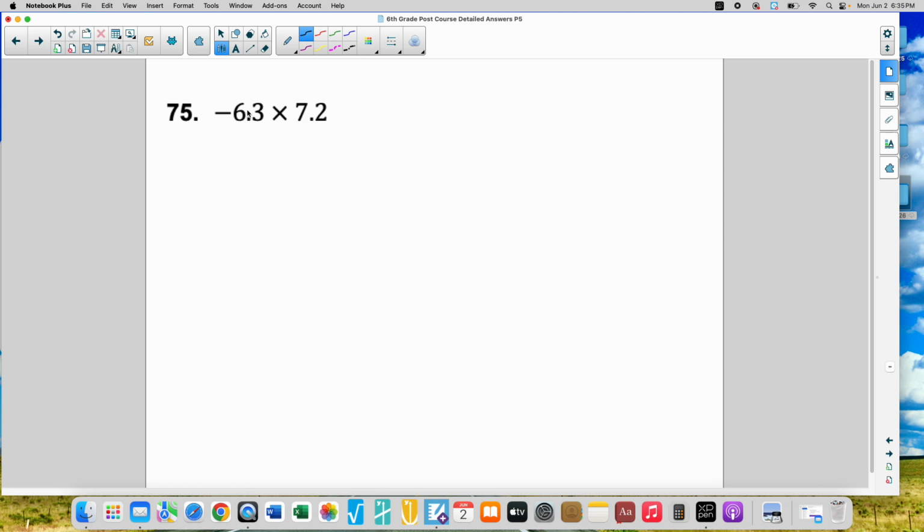Here we have decimals multiplying. We're going to multiply the numbers first, and then we can multiply the signs. So we have 6.3 times 7.2. 2 times 3 is 6. 6 times 2 is 12. We're going to move the place value. 7 times 3 is 21. 6 times 7 is 42, plus 2 is 44. We get 6, 3, 5, 4.